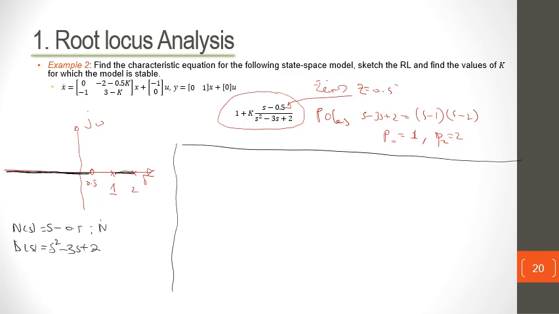And then the derivative of the numerator is going to be 1, and the derivative of the denominator is going to be 2s minus 3. Now we know that in order to get the breakpoints, we have to substitute n of some sigma point times the derivative of d of that sigma point, minus d of that sigma point times the derivative of n, equal to 0. So this would give us the location of the break-in and breakout points.